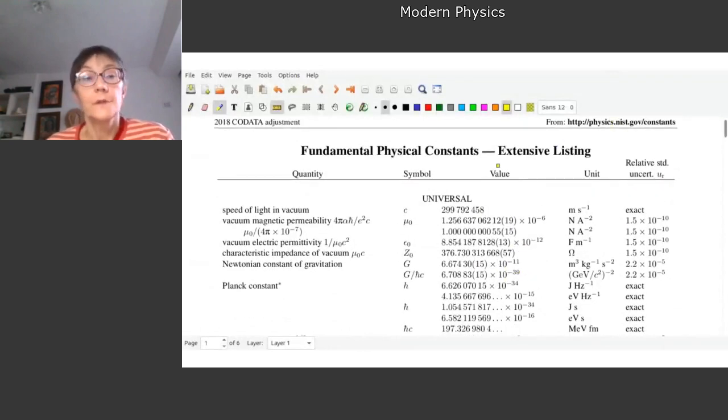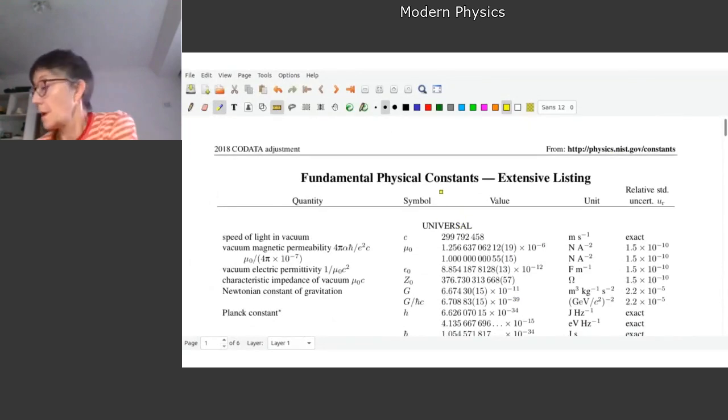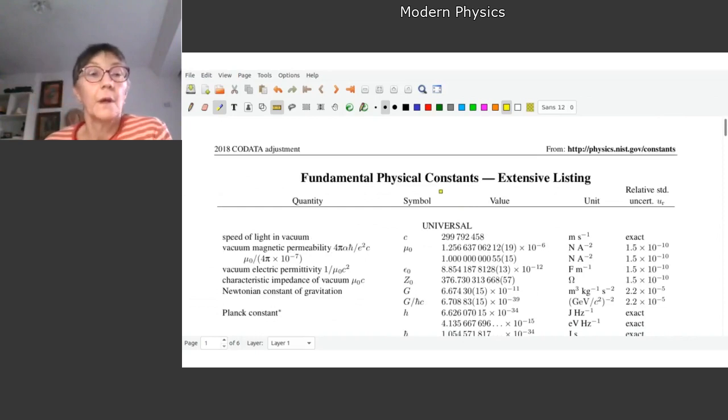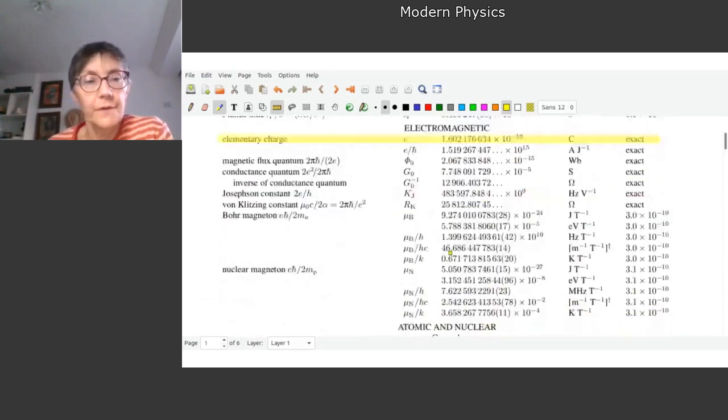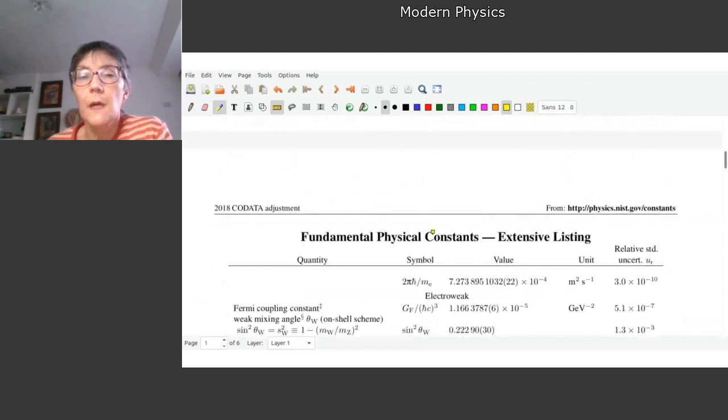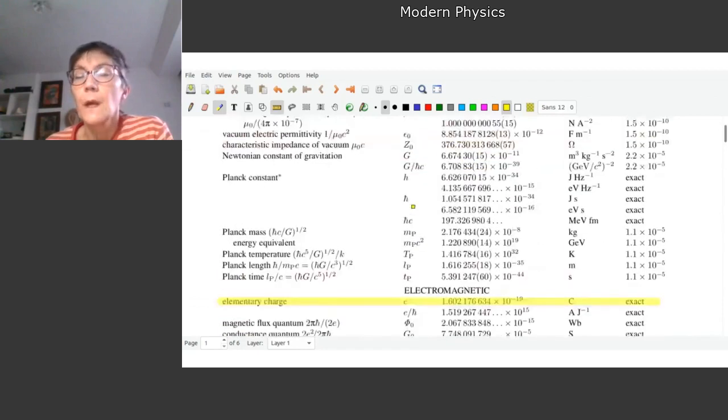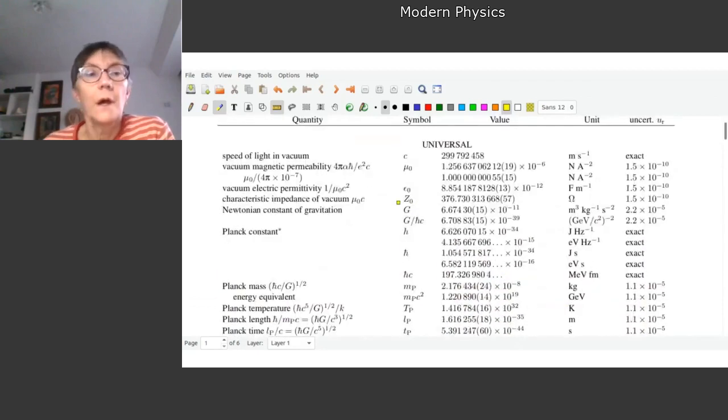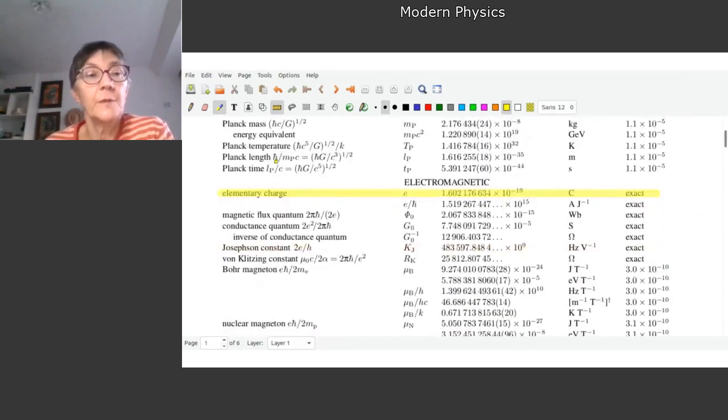And so you remember, this is after May 2019, and you have here exact values. So what we have here is the elementary charge, but let's say we don't know it.